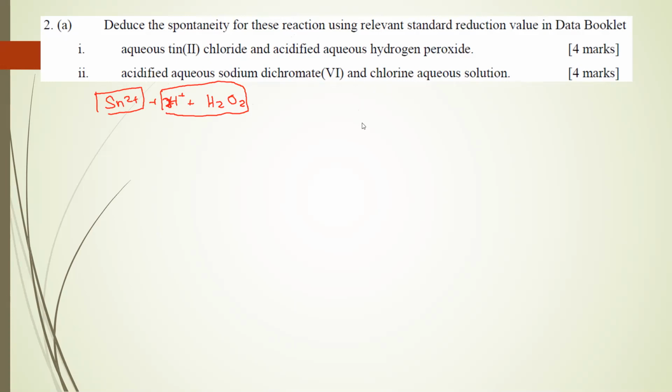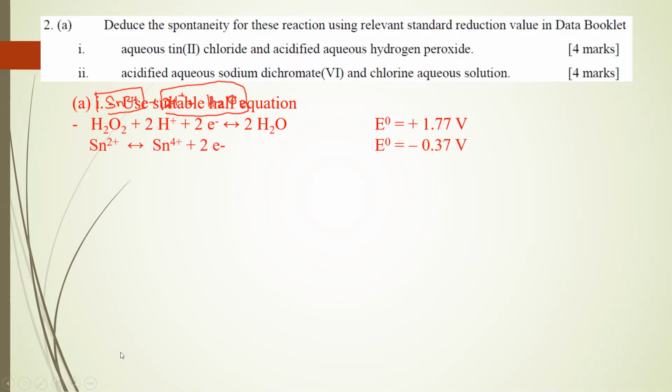So how do you calculate in here? H₂O₂ + 2H⁺ + 2e⁻ gives 2H₂O. And then let's have a look at the reaction of tin. So you have Sn²⁺ giving Sn⁴⁺ + 2e⁻. The standard electrode potential in here is negative 0.37 volt.